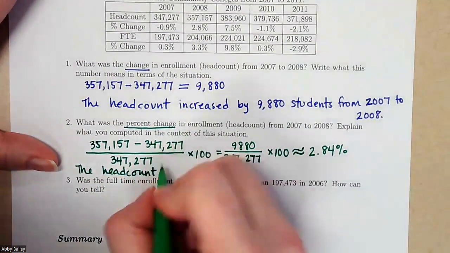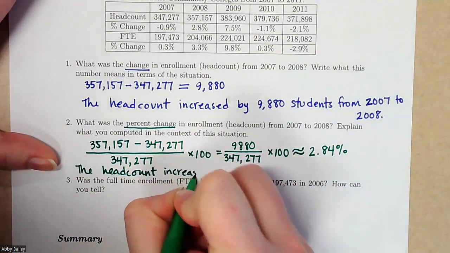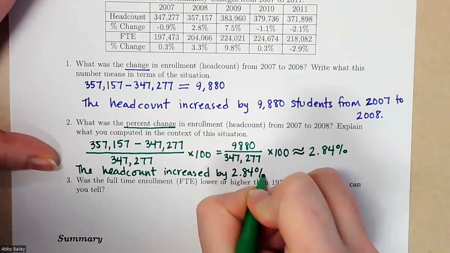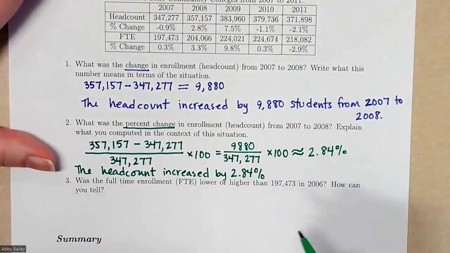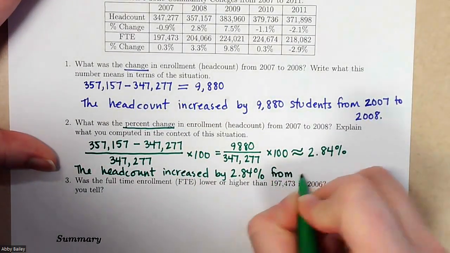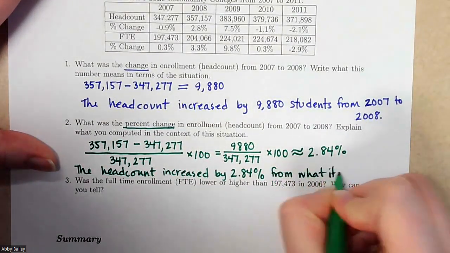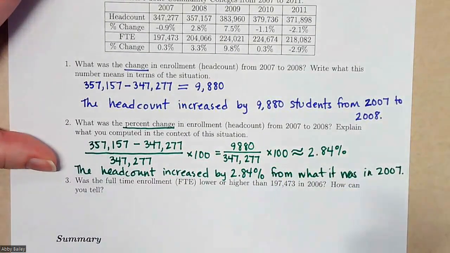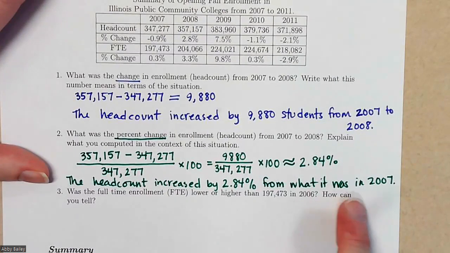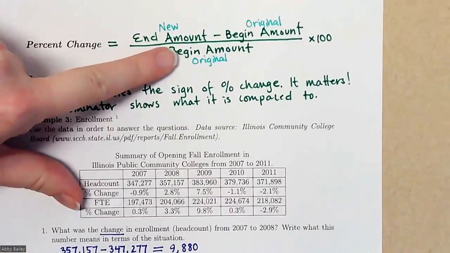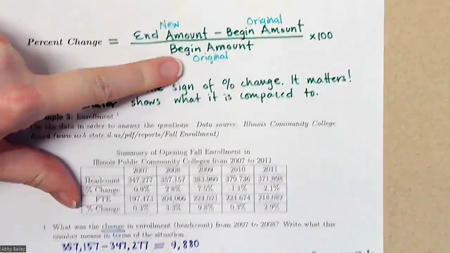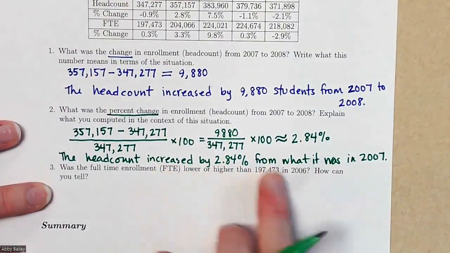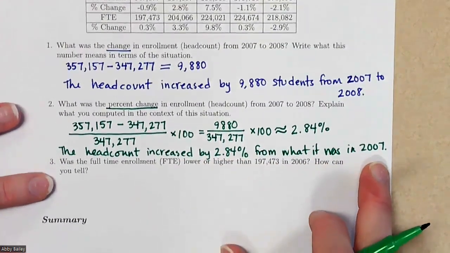The head count increased by 2.84% from what it was in 2007. So I wrote down what it was compared to the begin amount. Okay. So it increased by 2.84% from what it was in 2007.